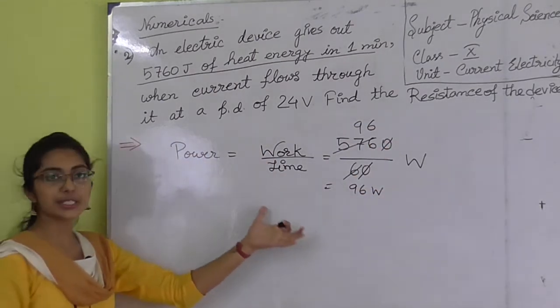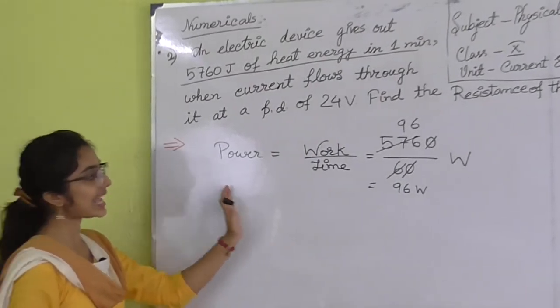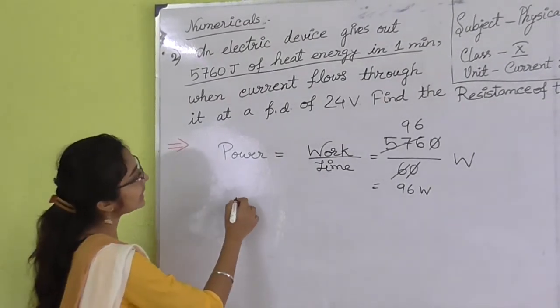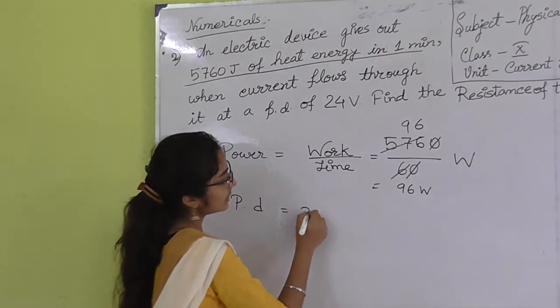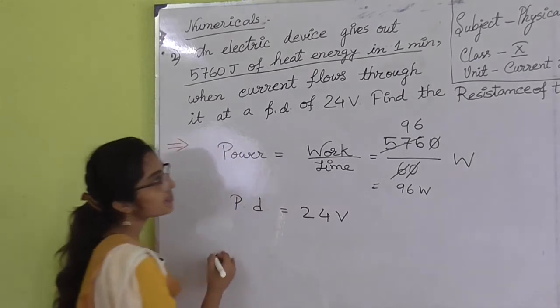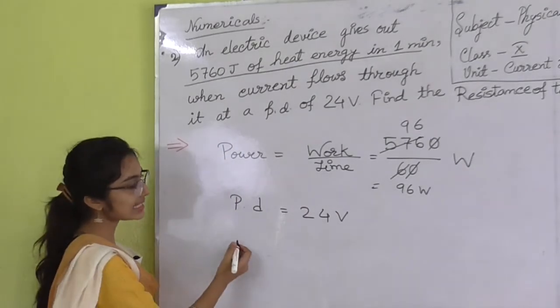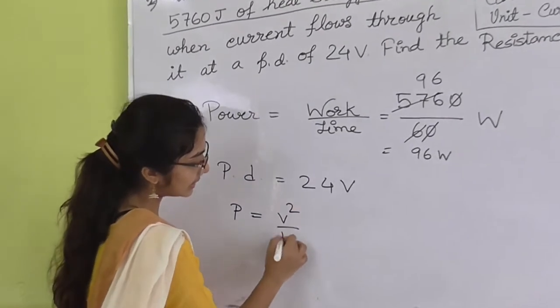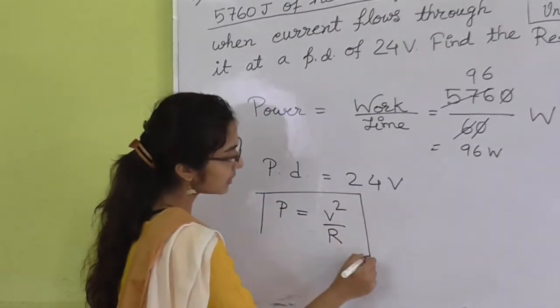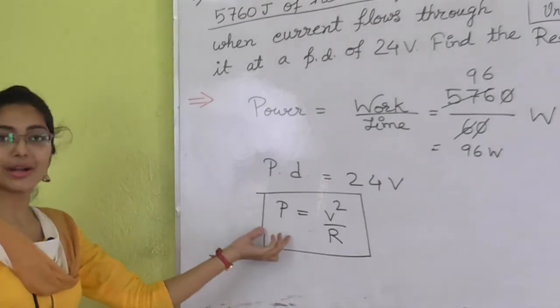The power consumed by the electrical device is 96 watt, and the potential difference, or voltage, is given, that is 24 volt. Now, we know the relation of resistance, that P is equal to V square by R. This is the relation of resistance with power and voltage.